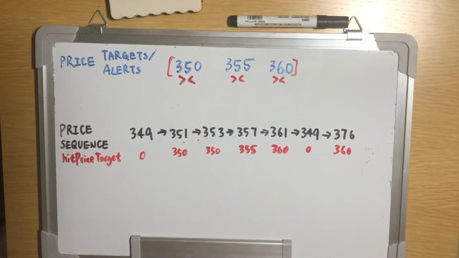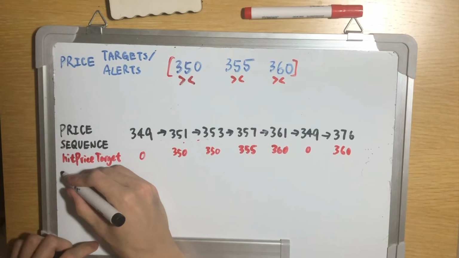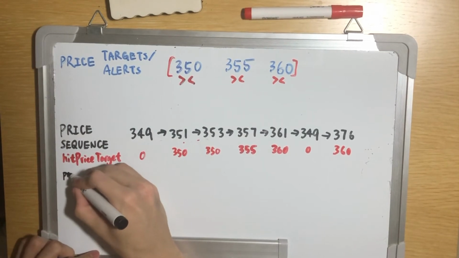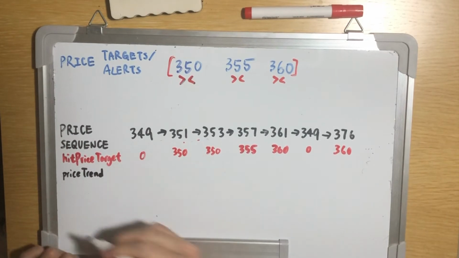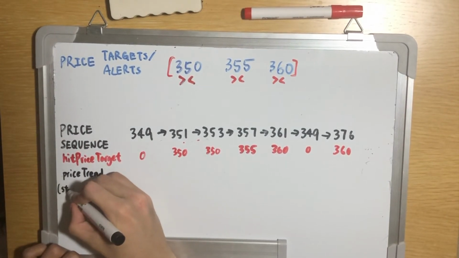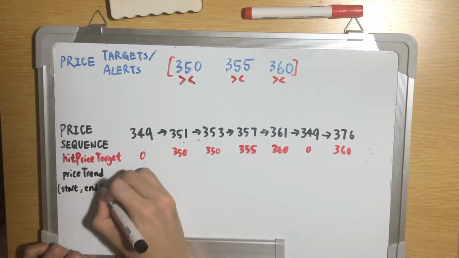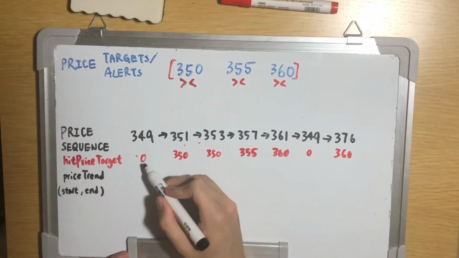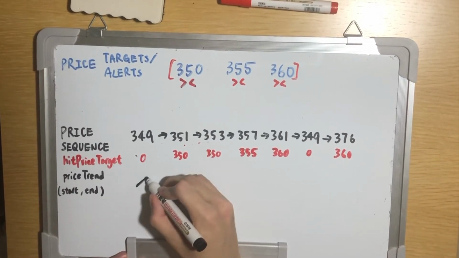The second thing we should store is something called the price trend. It consists of a start price and also an end price. The first one is only the start price, so it doesn't have the previous price, so we omit this.